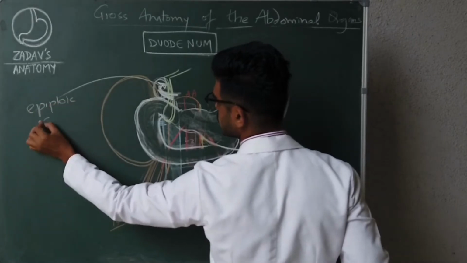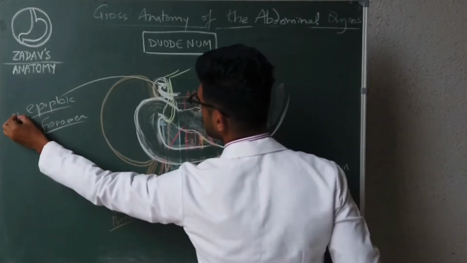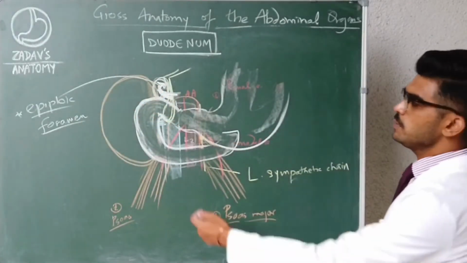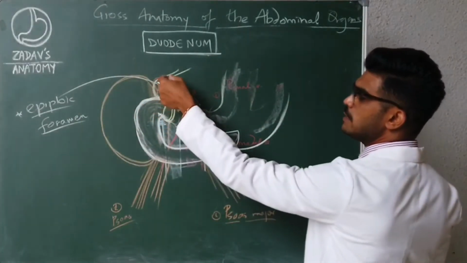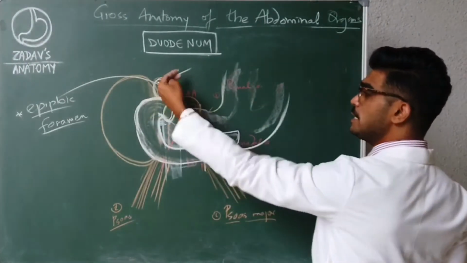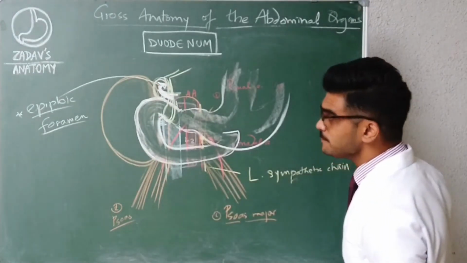Of course, we'll have to discuss this in detail in the lecture on peritoneum. But for now, just remember that it is related superiorly to the first part of the duodenum and lies posterior to the lesser omentum.